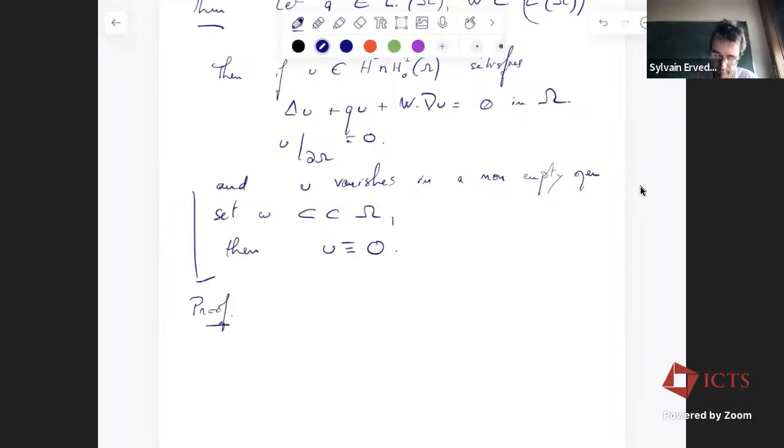And so for the proof, as before, we have the Carleman estimate with observation in small omega and the appropriate weight function.